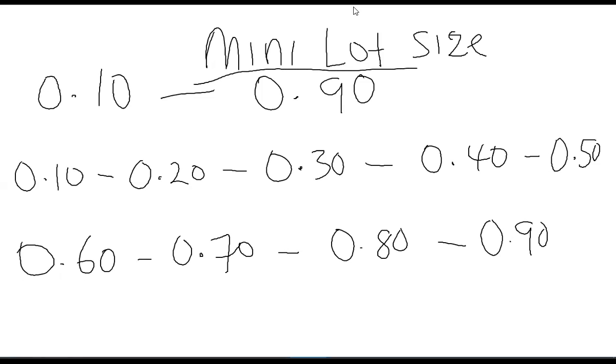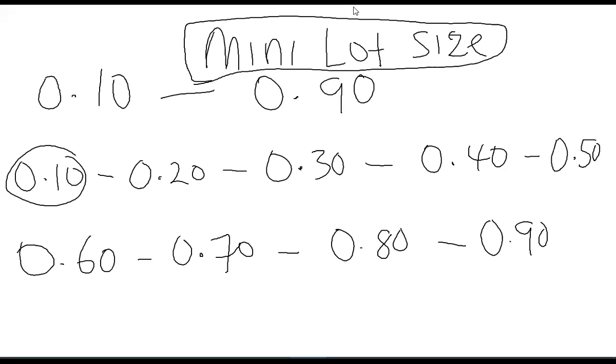Mini lot sizes. All these fall under the category of what? Mini lot sizes. Now, the financial implication of this is what I'm about to show you now. If you make one pip using 0.10, you're going to make what? $1.